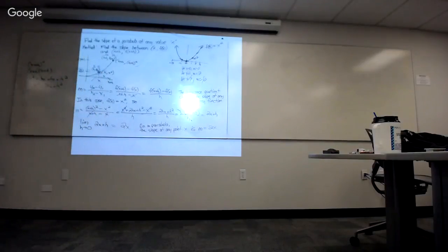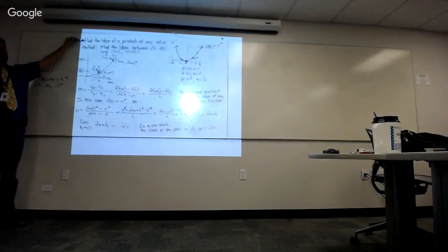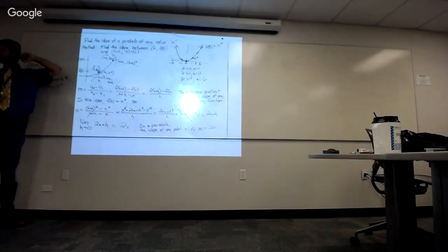And I would say this is our first real good, strong calculus result, that we have now found the slope of a parabola at any x value. So if you tell me the x value, how do you calculate the slope? Just double it, 2 times x.